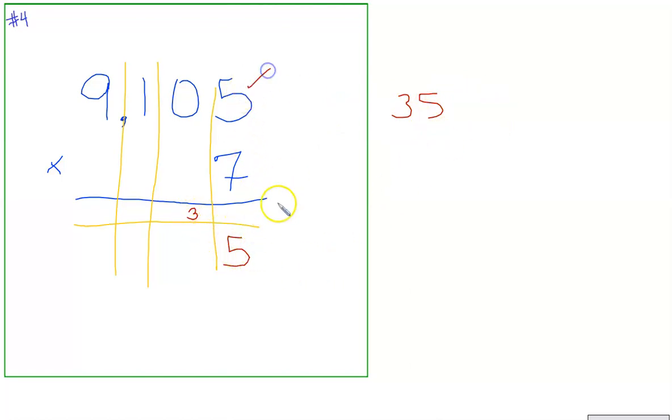All right, done with the 5. 0 times 7 is 0, plus 3. 0 plus 3 is 3. Done with the 0. 1 times 7 is 7. It's only one digit, so we don't even have to put anything over here. 9 times 7 is 63, and since there's nothing else left to multiply, we can just put 63 right here. So our answer is 63,735.